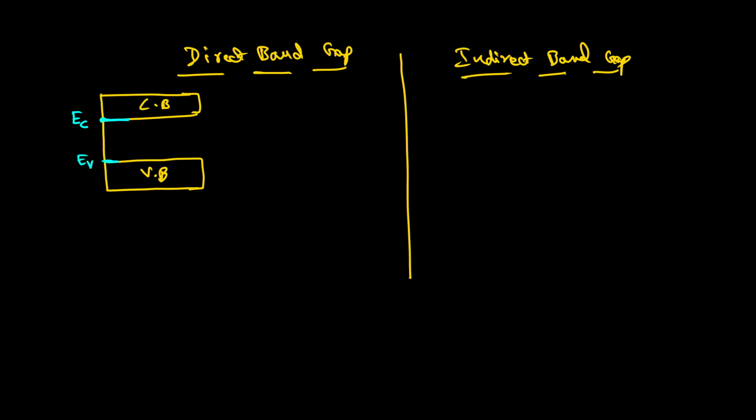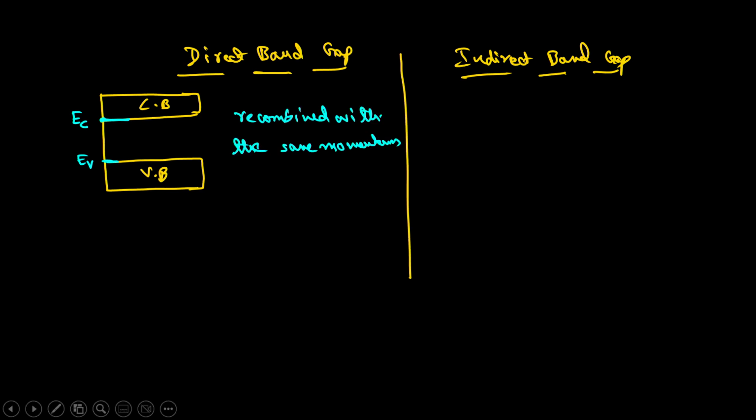So the band gap in which the electrons at the lower surface of the conduction band and the holes at the upper surface energy of the valency band are recombined with the same momentum is called a direct band gap semiconductor.